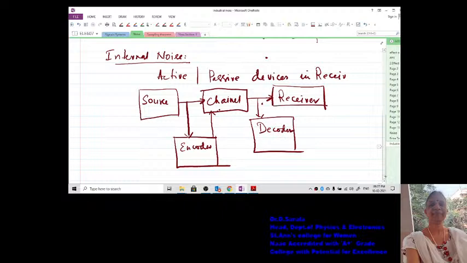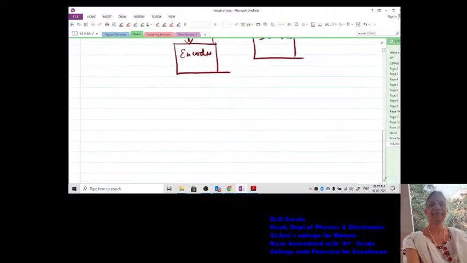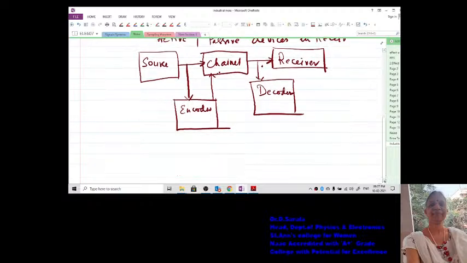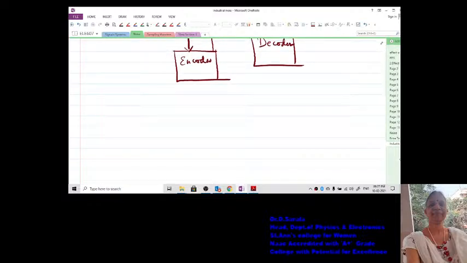Fine. So now what is it that we are talking about? There is a possibility of error encountered before it reaches the receiver. There is a passive or an active device found in the receiver that could be the reason for noise. Noise is randomly distributed. So random noise is proportional to the bandwidth over which it is measured. So we have thermal noise.